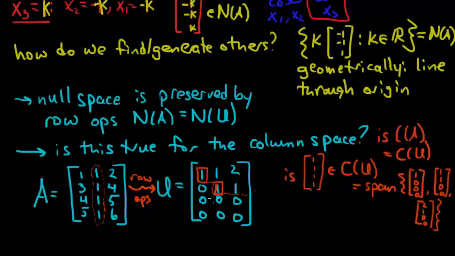Any vector that's in this span is going to have a 0 for its last two components. If you look at all of these generating vectors for the column space, they all have zeros in their third and fourth components, and that is certainly not the case right here.